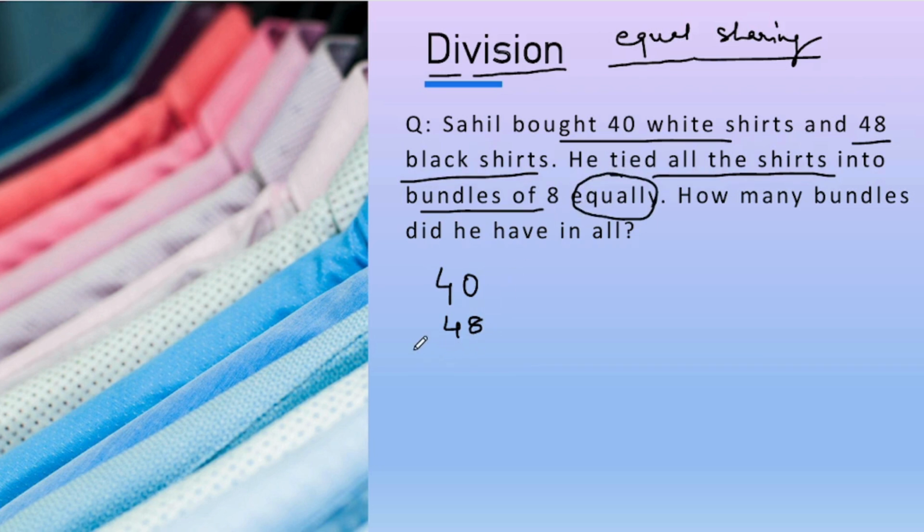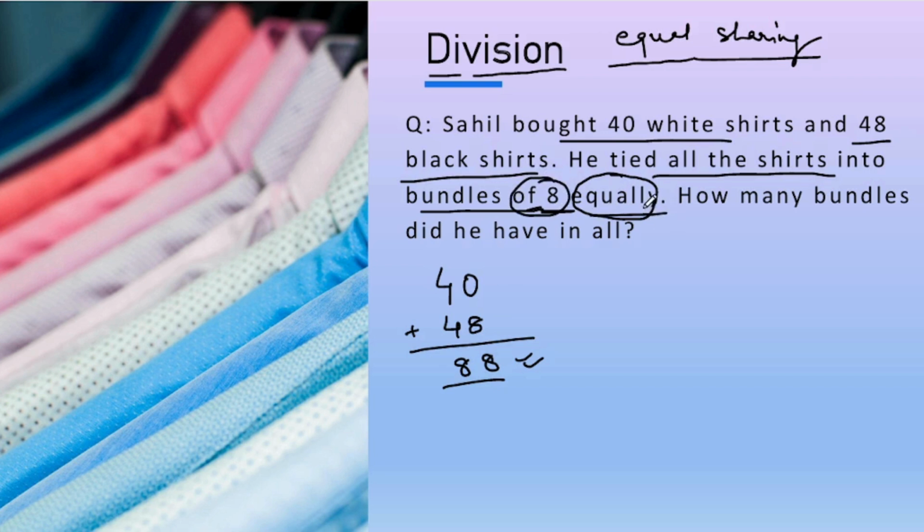It means that this total number of shirts, that is 40 plus 48, wherever we are talking about total, all put together, then it will be a sum, it will be addition. So 0 plus 8 is 8 and then 4 plus 4 is 8. So Sahil is equally distributing these 88 shirts in bundles of 8.